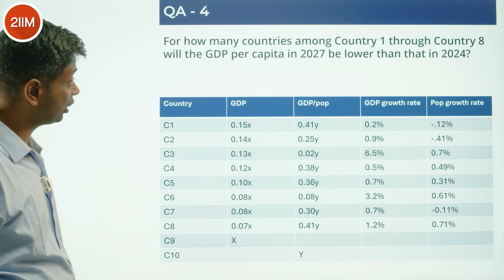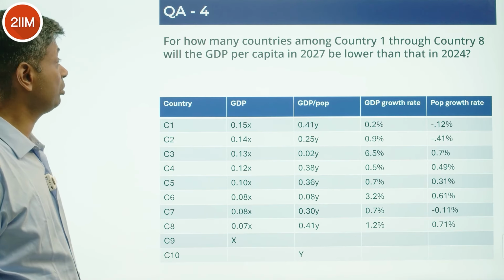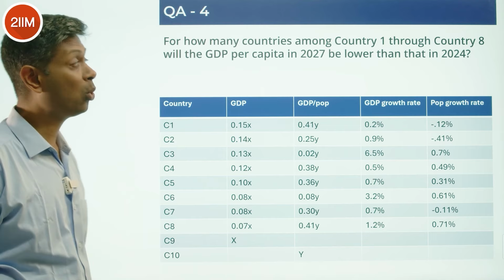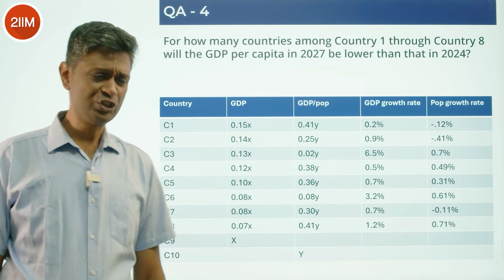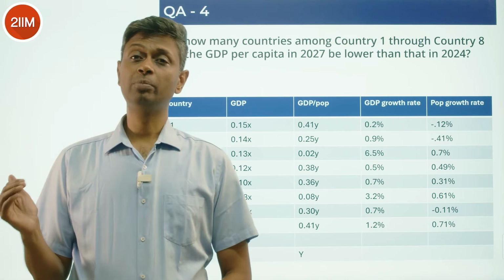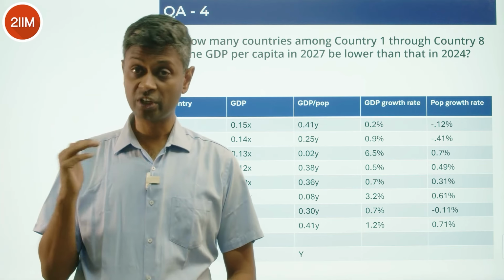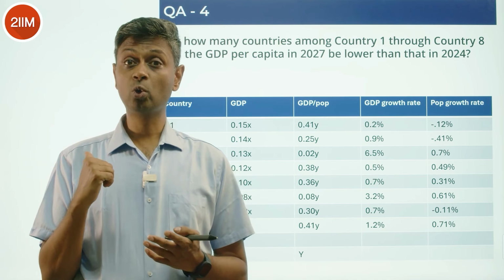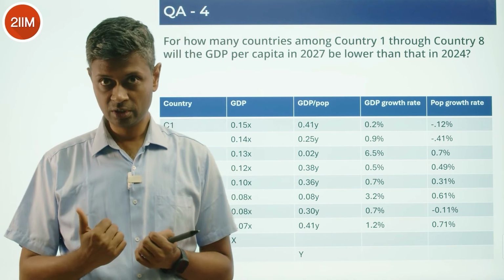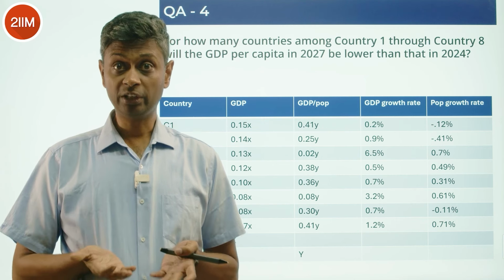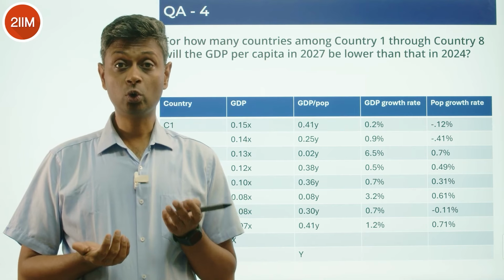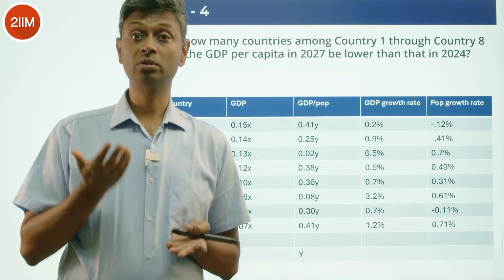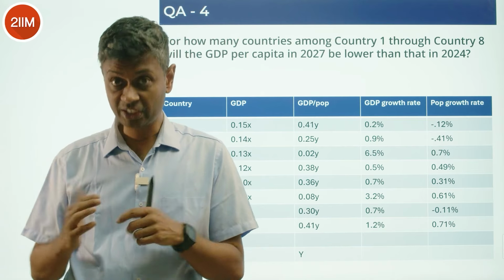How many countries among country 1 through 8 will the GDP per capita in 2027 be lower than that in 2024? GDP per capita. My GDP can be growing, my population can be growing. If GDP grows more than population, my GDP per capita will increase. If GDP grows but population grows even more, my GDP per capita will decrease.